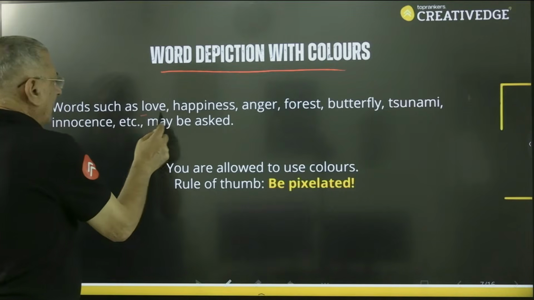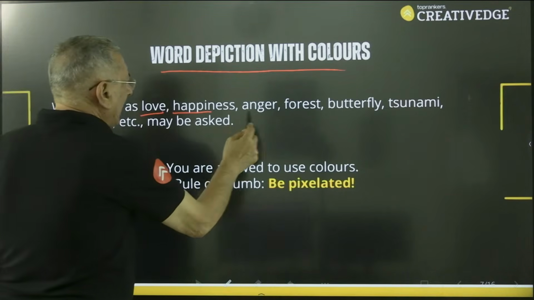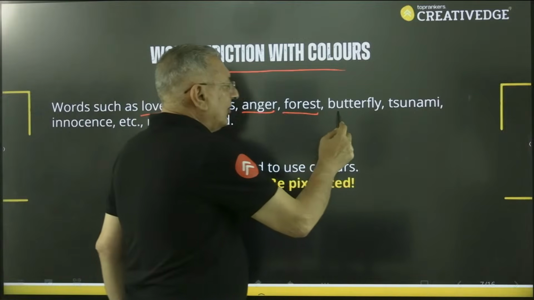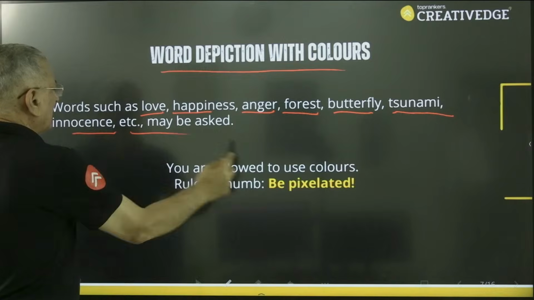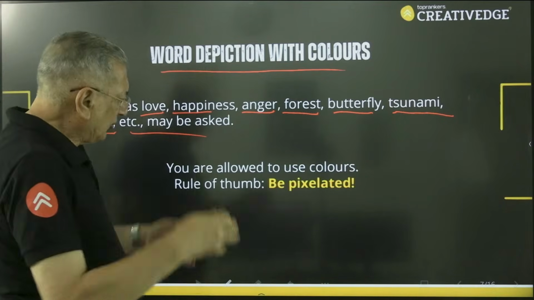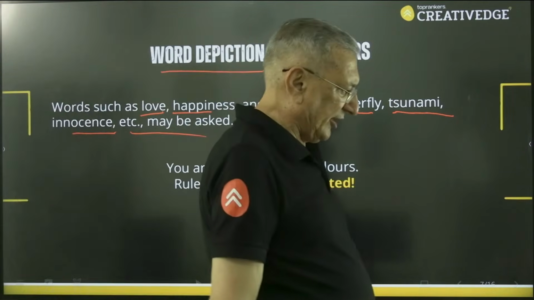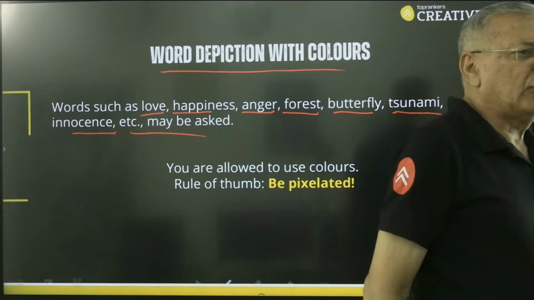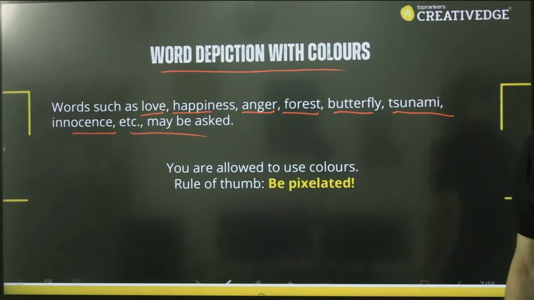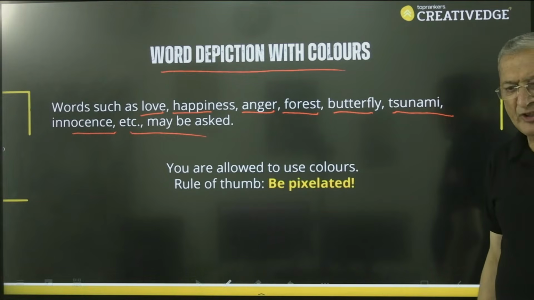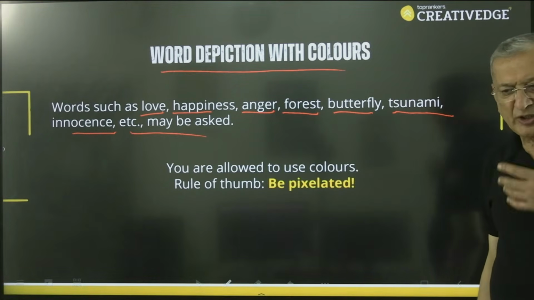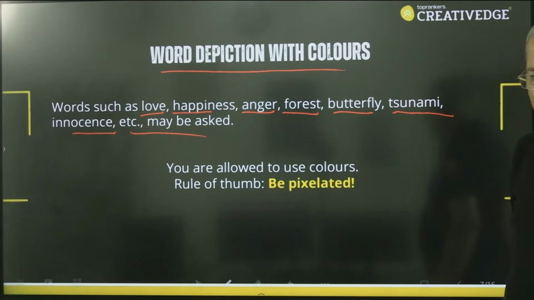Words such as love, happiness, anger, forest, butterfly, tsunami, innocence, etc. may be asked. Now you take words from your English dictionary and try to put them into colors. I'm going to depict some examples of these, which I'm very sure are going to be helpful to you.